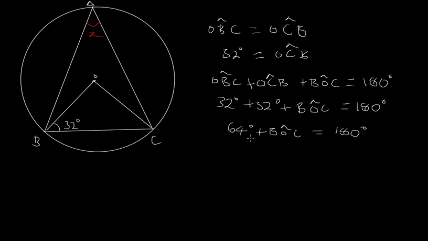We subtract the 64 from both sides of the equation, or rather the 64 goes to the other side and changes to a negative. So we have BOC equals 180 degrees minus 64 degrees. So what is 180 minus 64?